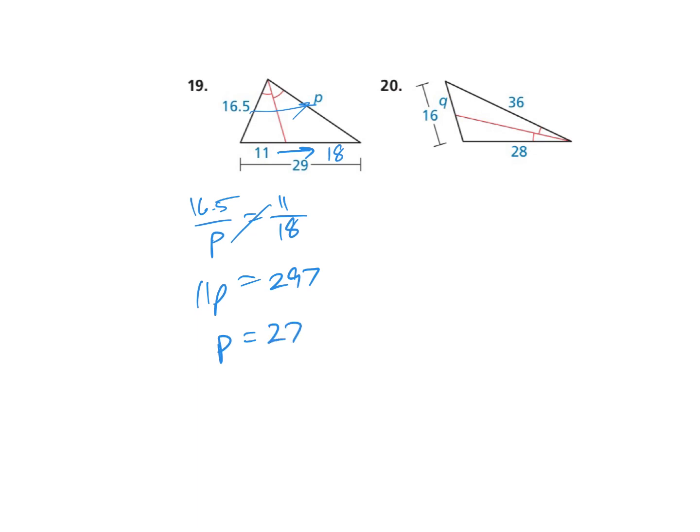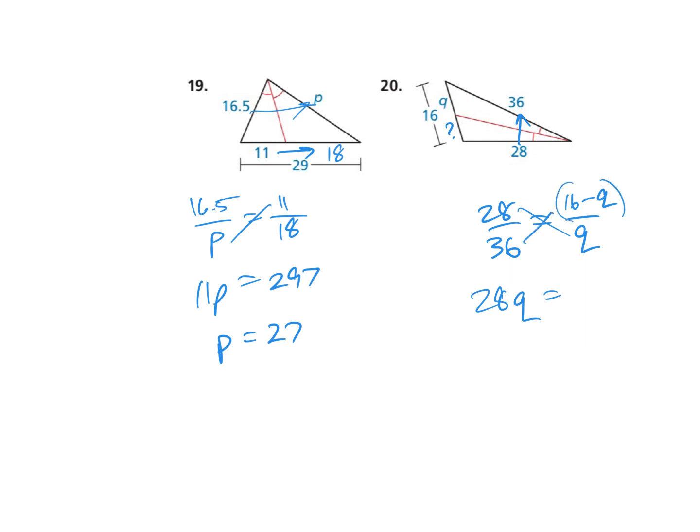All right, let's do this one. 28 is to 36 as something, don't know what that is, is to q. That something must be 16 minus q, because the total minus q will give us that little piece there. So now we have to cross multiply. That's 28q. And 36 times that whole thing.